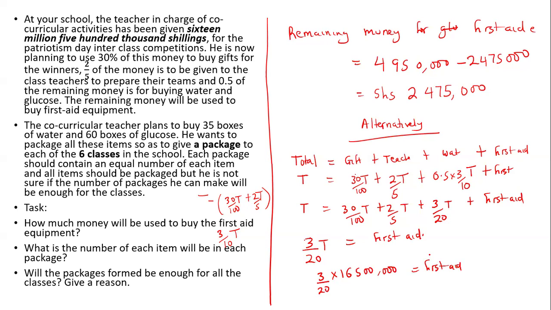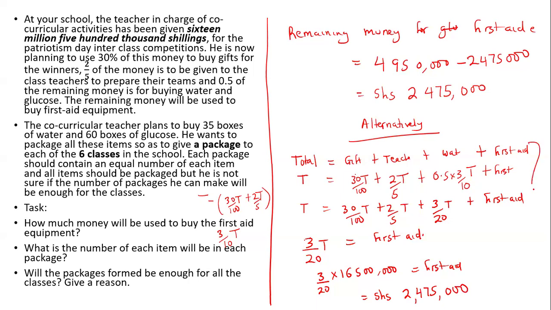So when you multiply that, you'll notice that you'll get your amount still equaling shillings 2,475,000. So whatever approach you want, you can use it and you'll get the same answer.